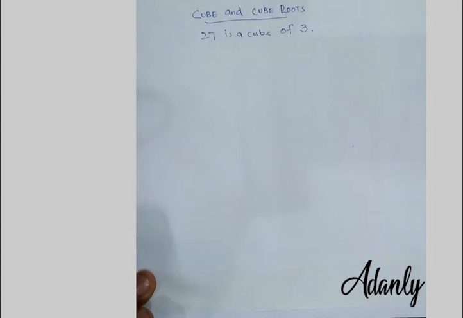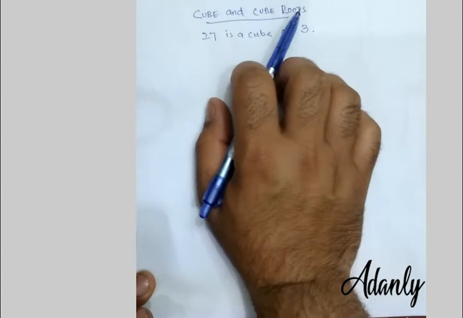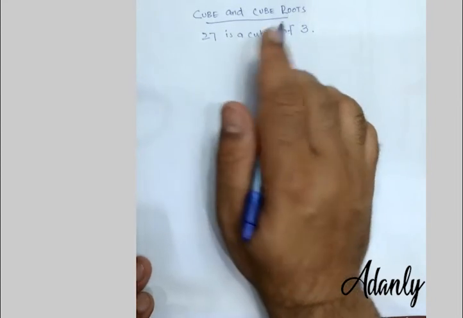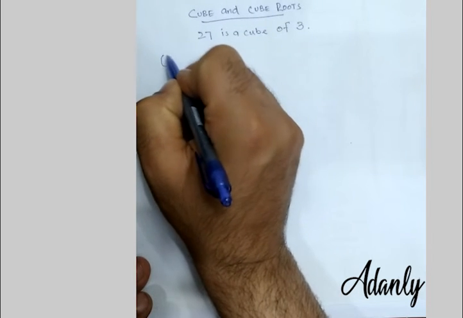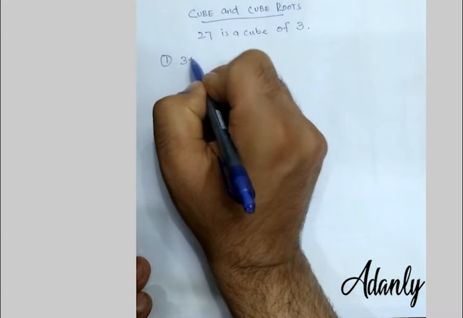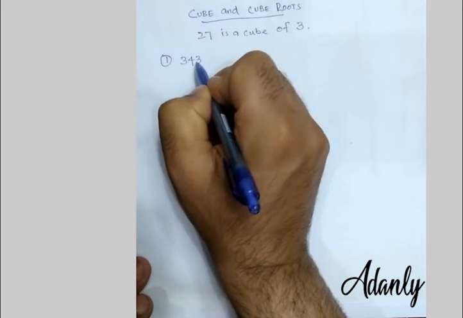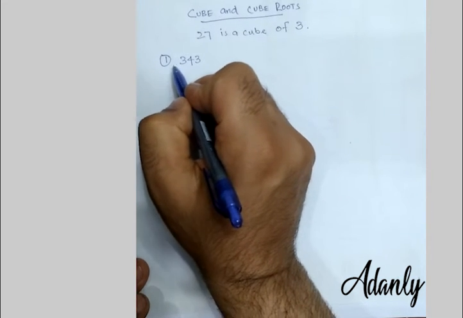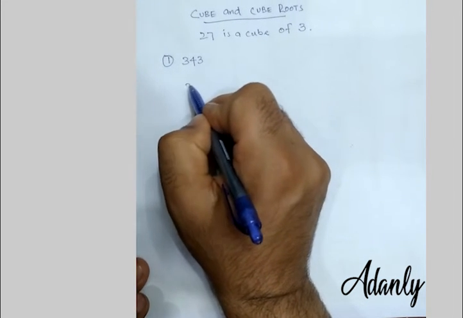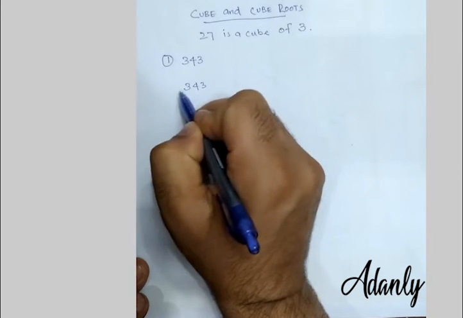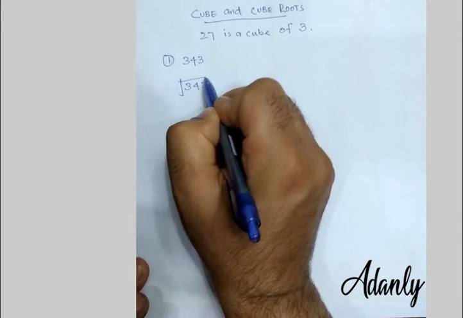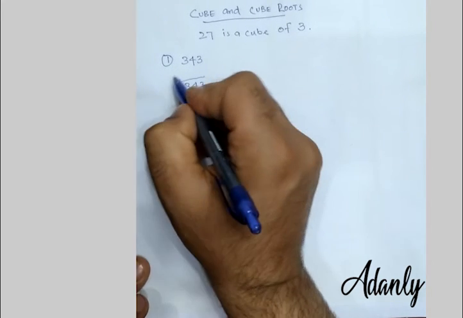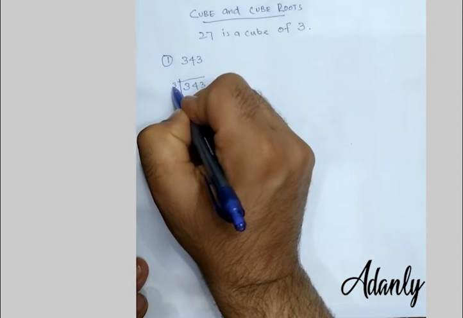Now, how will we find the cube root of a given number? For example, we have the number 343 and we have to find the cube root of 343. First we will write 343 and the radical symbol over it, and we will write a small 3 over here.